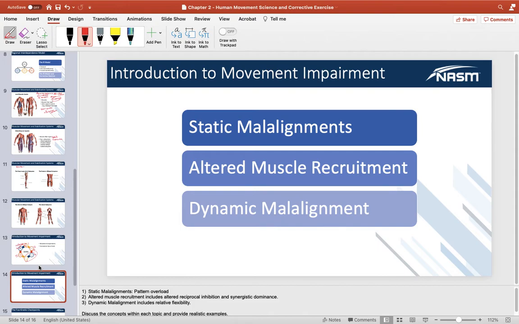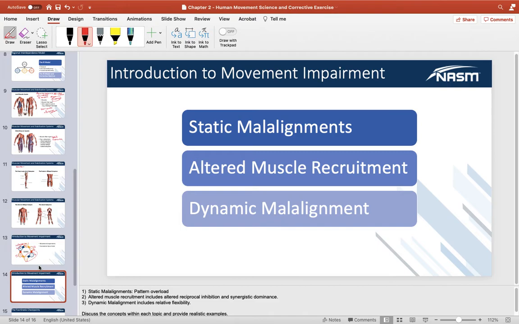Or say the adductors are taking over and becoming synergistically dominant. That means you're going to start seeing a bowing in of the knees, because those muscles are firing way more than your quads and glutes are to raise you up. So now you have knock knees happening.